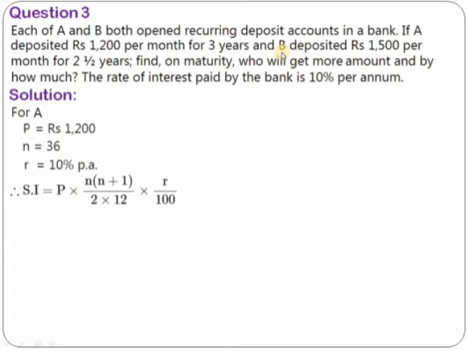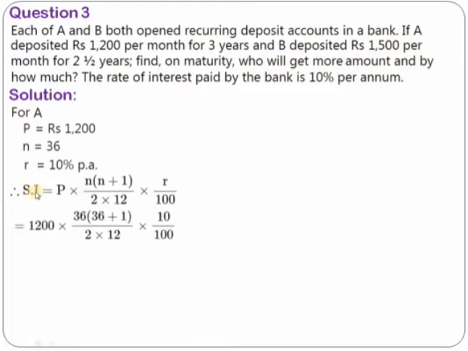For A we have noted this down, and B deposited rupees 1500 per month for 2.5 years. Find on maturity who will get more amount and by how much. So for A and for B, we will calculate the maturity value and compare who gets more.